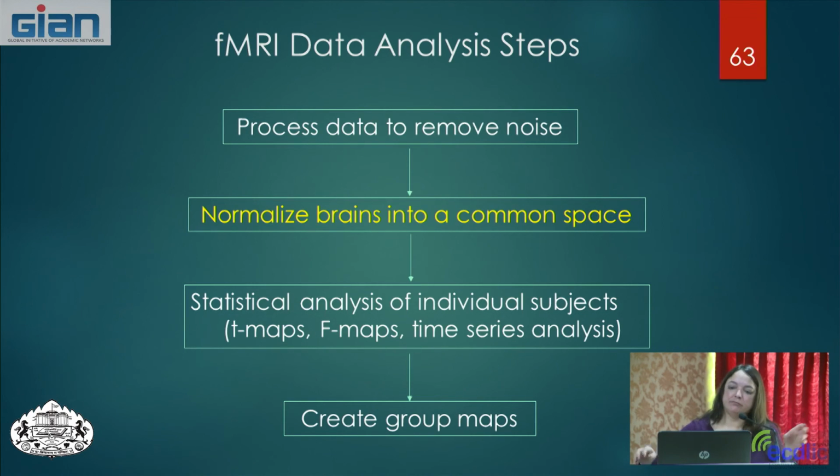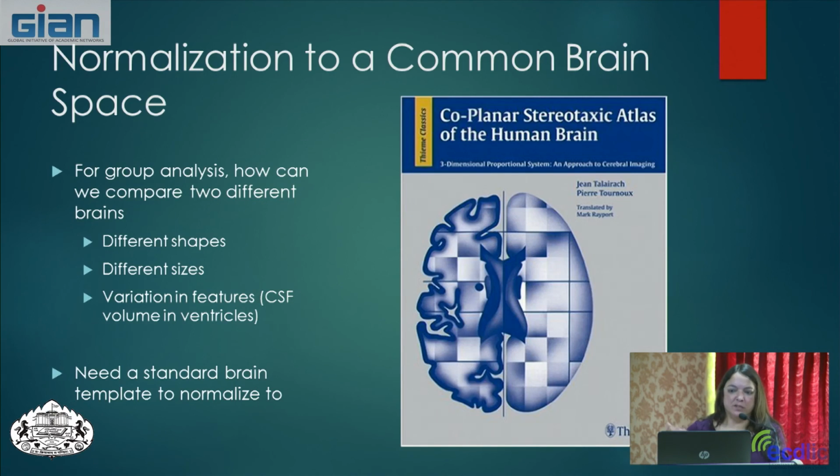And this is kind of a weird thing to do, but when we want to study groups in fMRI and compare maybe a clinical group to a control group, the problem comes up that, like I mentioned before, everybody's brain has variations. So if everybody has a variation in their brain, how are we going to stack up brains of different sizes and different shapes to compare them?